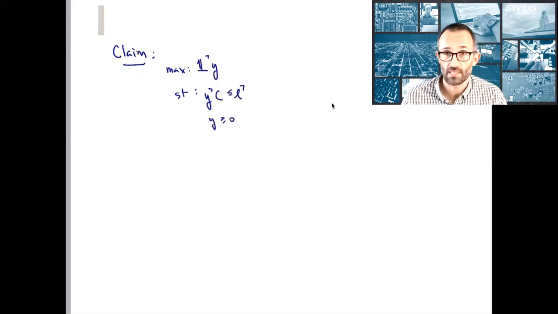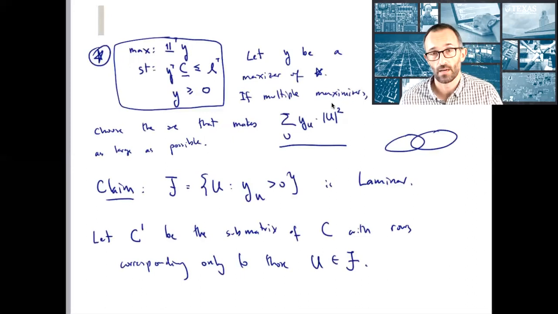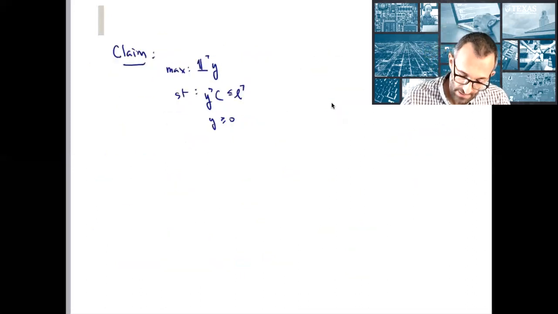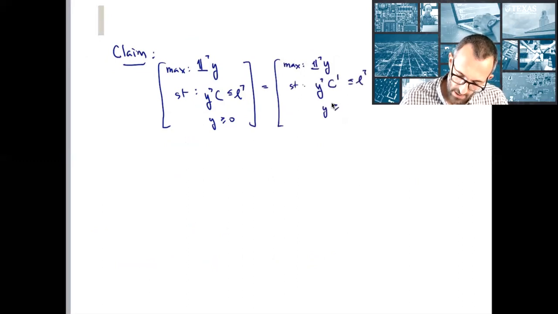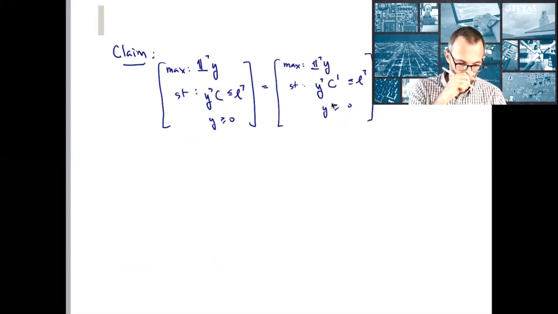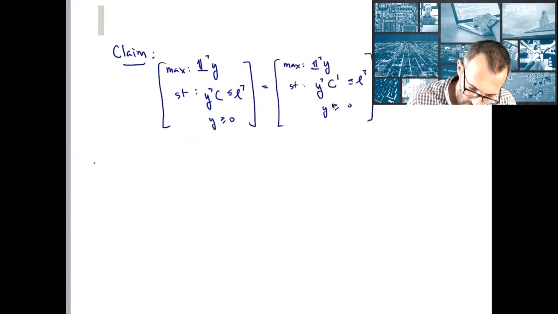This is my original maximization, what we called star on this slide. The claim is that this is equal to the problem of maximizing 1 transpose y subject to y transpose C dash less than L, y non-negative. So let's prove this claim.